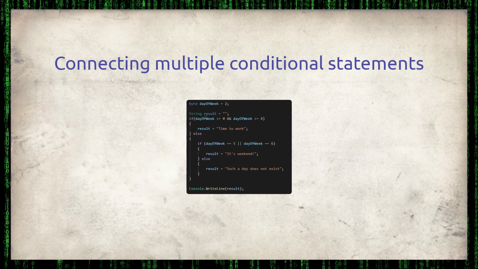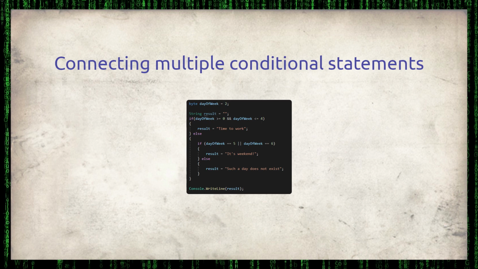Now it's day of week is greater than or equal to 0, and then after that you do an AND, day of week is also smaller than 4. So there's 2 conditions that you're evaluating there. Now the thing is, an AND requires both of your evaluations to result in a true before it'll enter the block, the success block.